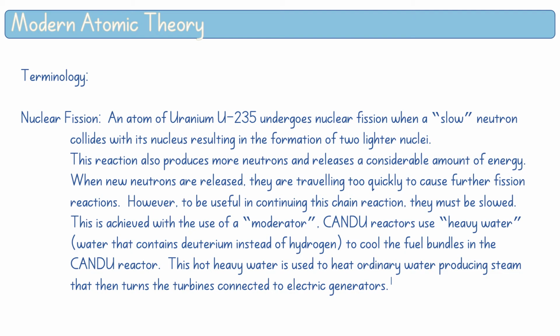CANDU reactors use heavy water, which is water that contains deuterium instead of hydrogen, to cool the fuel bundles in the CANDU reactor. This hot, heavy water is used to heat ordinary water, producing steam.